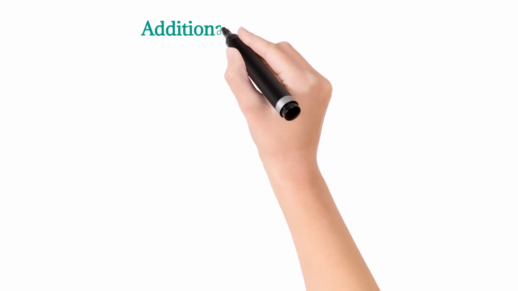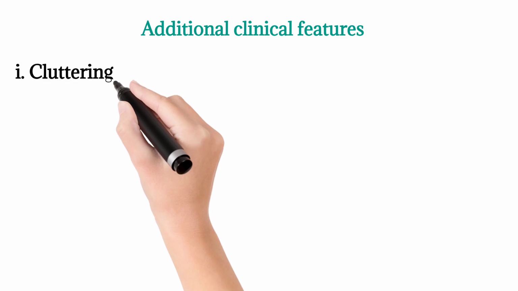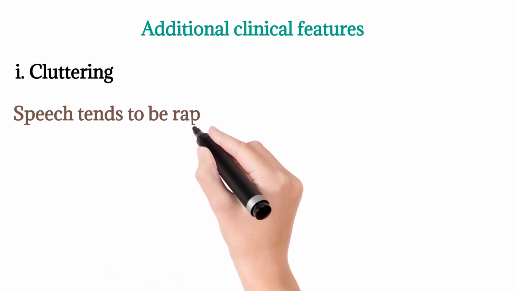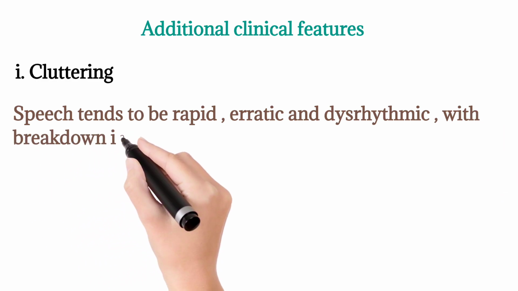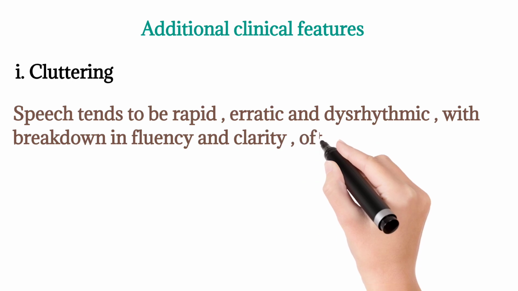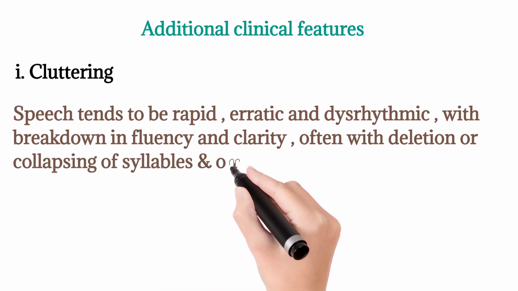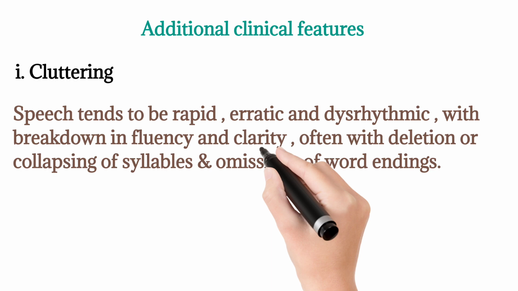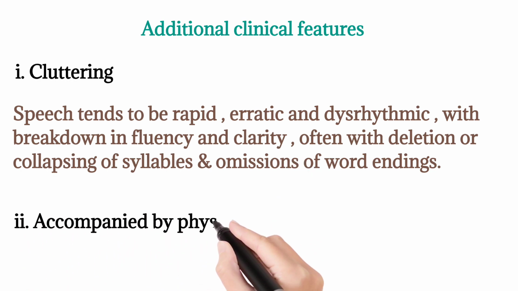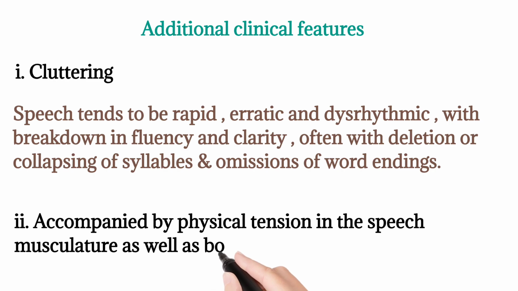Some of the additional clinical features include cluttering, that means speech tends to be rapid, erratic, and dysrhythmic with breakdown in fluency and clarity, often with deletion or collapsing of syllables and omission of word endings. It may be accompanied by physical tension in the speech musculature as well as body tension and struggle behavior.